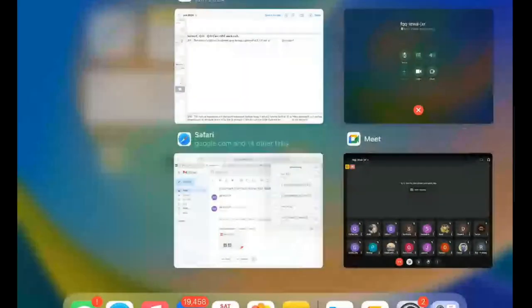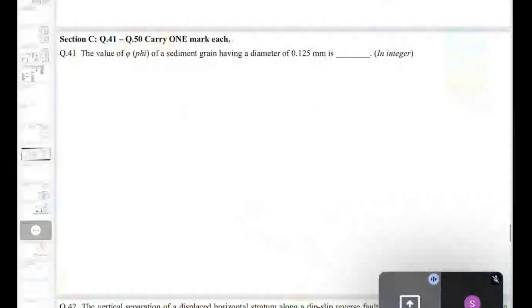Okay, so we will start with the 1 mark questions, then we will go to the 2 mark questions. There are 20 questions asked in your JAM exam, 10 having 1 mark each and the other 10 having 2 marks each. So we will start with question number 41.